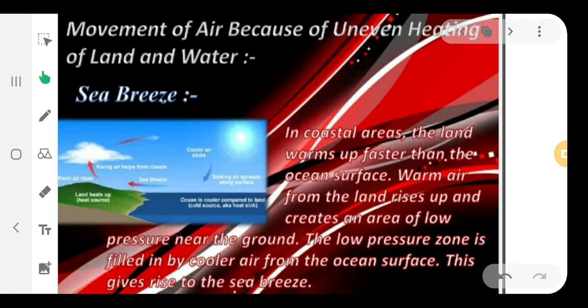So what you can see here, land heats up. So the warm air is rising up, this red arrow you can see. Now the surrounding air is cooler. You can see here ocean's air is cooler, so it is moving towards that hot land. So that air which comes from the sea towards the land is known as sea breeze. So in this way sea breeze is created.